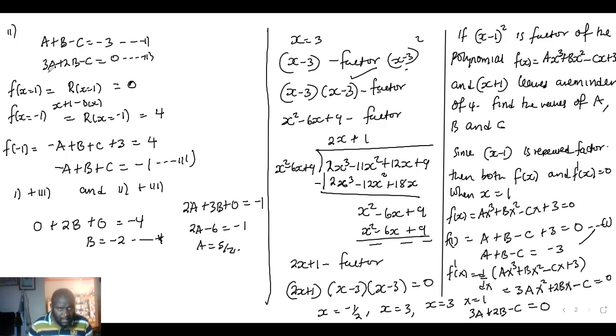Let me see. 3A plus negative A, we got 2A. 3B plus B, 2B plus B, we got 3B. Negative C plus C, we got 0. 0 plus negative 1, you get negative 1. Our B is negative 2.